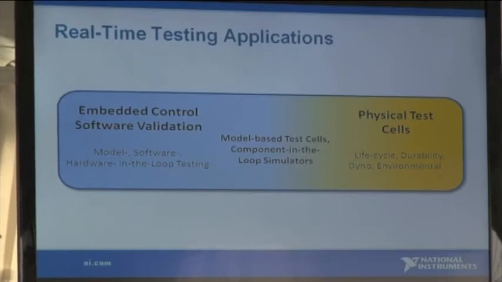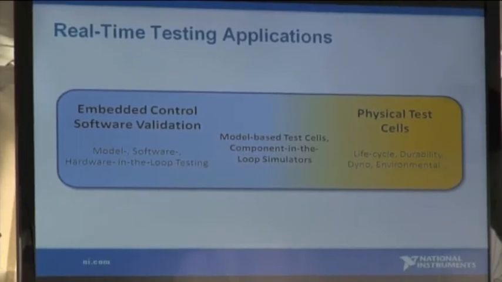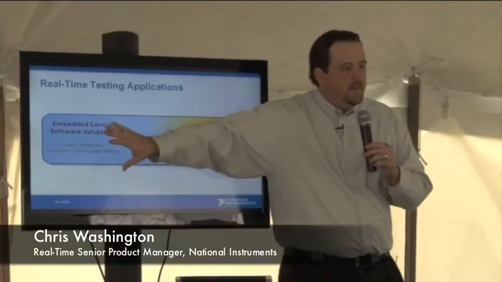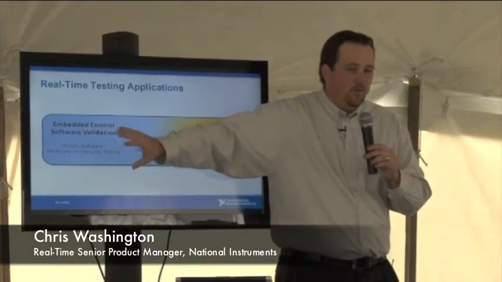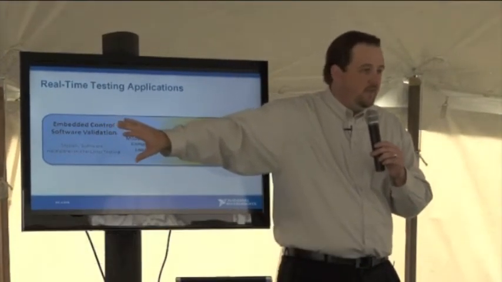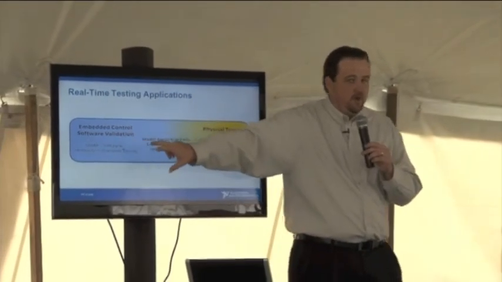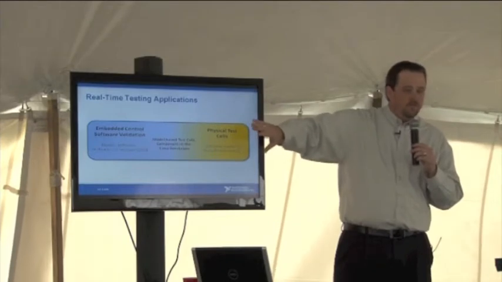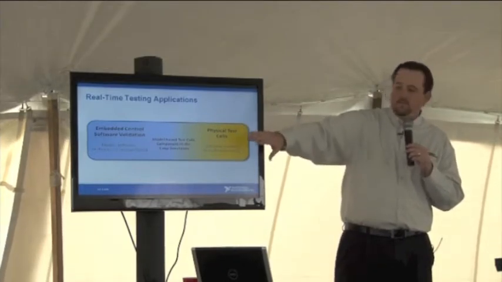And so if you think of all of the real-time testing applications, and here's an image that we use sometimes to describe how you've got the MIL, model in the loop, and hardware in the loop, and other software validation techniques which require a real-time test environment, as well as the more traditional test cells, dynamometers, and environmental chambers that require a real-time test environment.